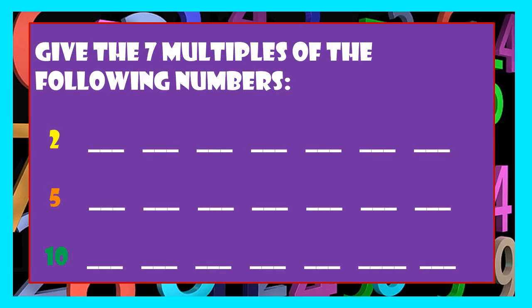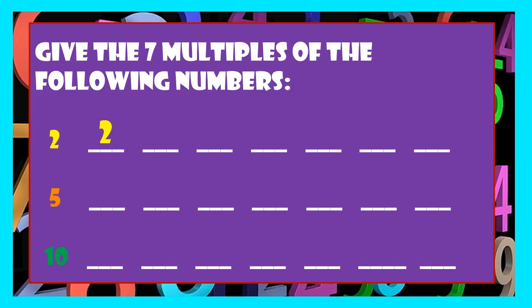Give the 7 multiples of the following numbers. Okay, let's begin with 2. What are the multiples of 2? The 7 multiples of 2. Are you ready? What is the first multiple of 2? You're correct. It is 2.